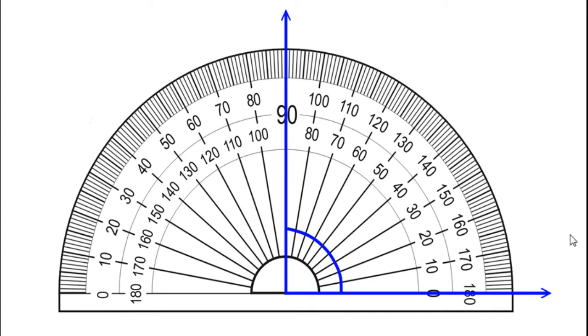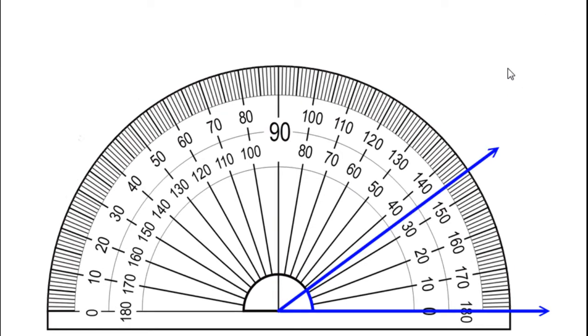Now what angle is this? Identify it. Look at the arrows, look at the blue lines. At what angle is it pointing? Starting from 0, how much has it moved? So the answer is right angle, 90 degree.